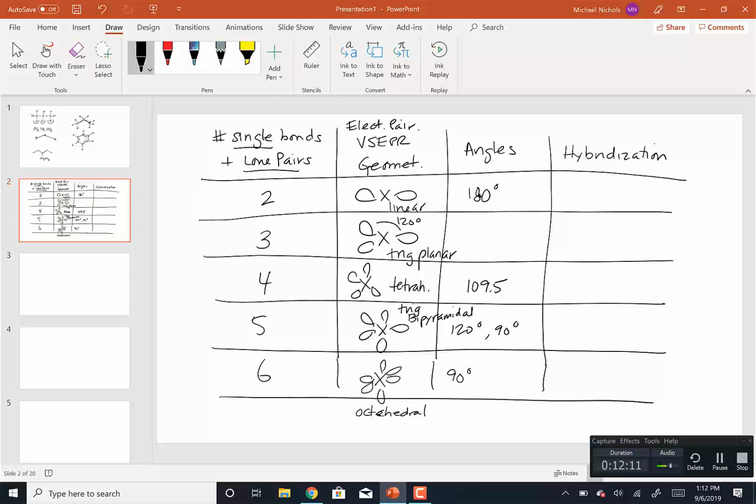So you won't have to worry about bent or T-shaped or seesaw or any of those other strange terms. The book, on the other hand, may ask you a couple questions on those. But then they'll have a chart that kind of lists what those are. But I'm more interested in these clouds because these clouds are going to be hybrid orbitals that are going to tell us about the hybridization of that atom.